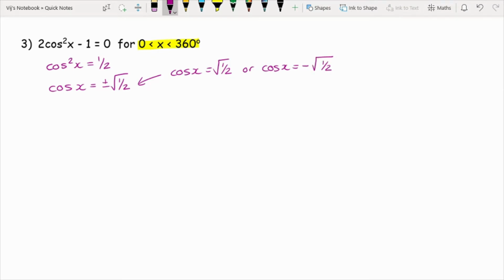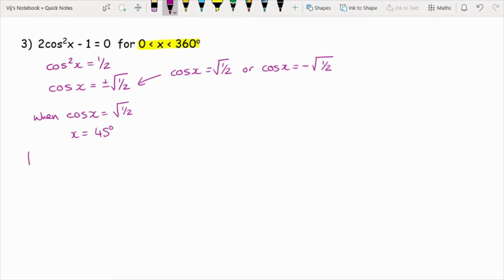And what we're going to end up with is potentially more than two values. So looking at when cos x equals positive root a half, we get x equals the inverse cos of root a half, which equals 45. So that's our first angle.